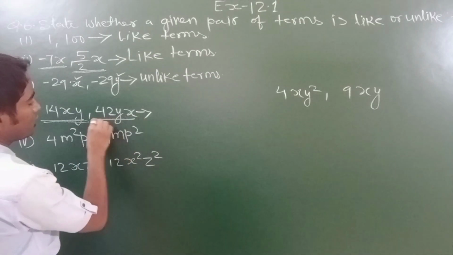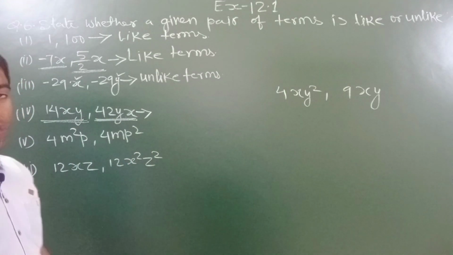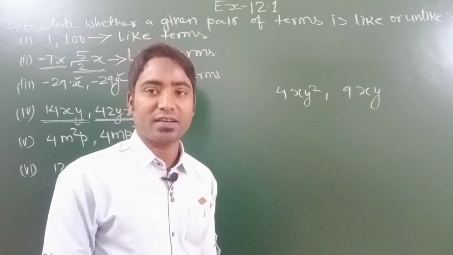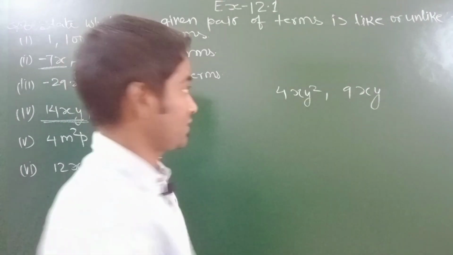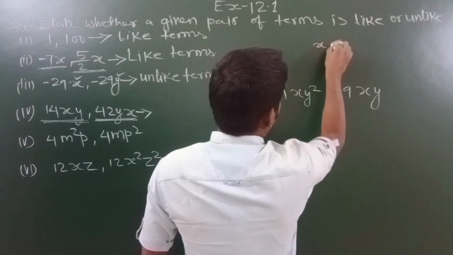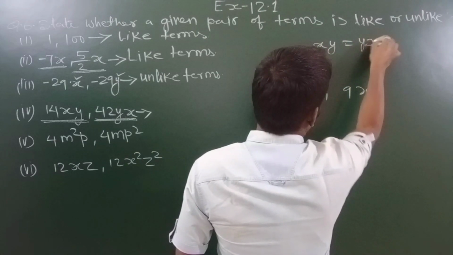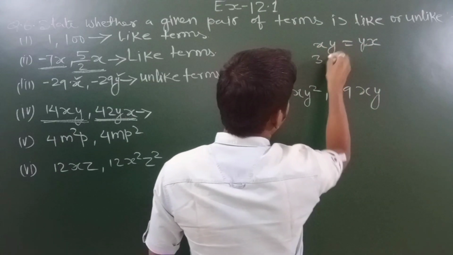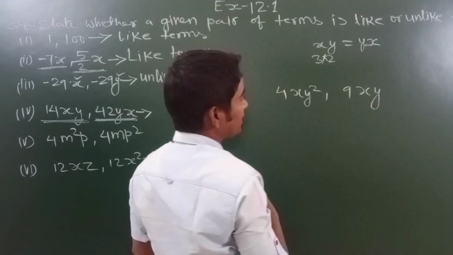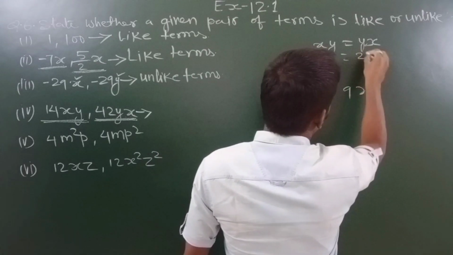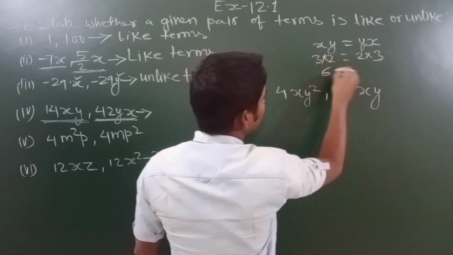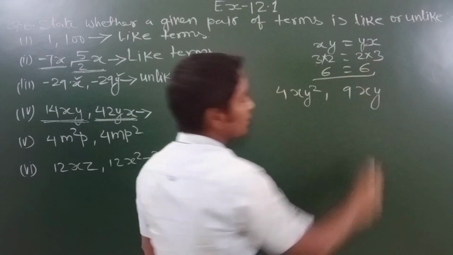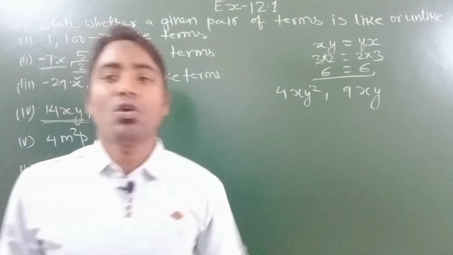Okay, now moving to the fourth pair, students. In this term we have 14xy and here we have 42yx. I have already told you, students, that xy is always equal to yx. Suppose x is equal to 3 and y is equal to 2, with a multiplication sign in between. Here you will get 2 into 3, which is 6, and here also you will get 6. It means xy is equal to yx.